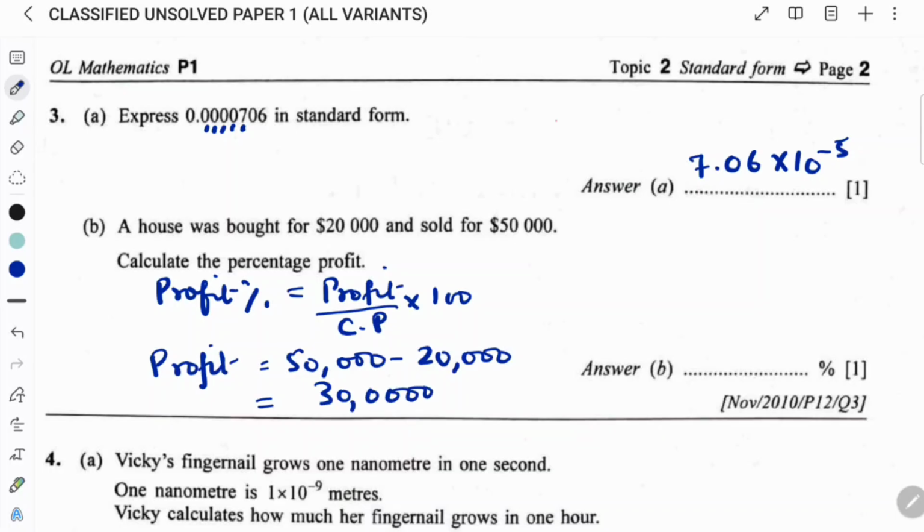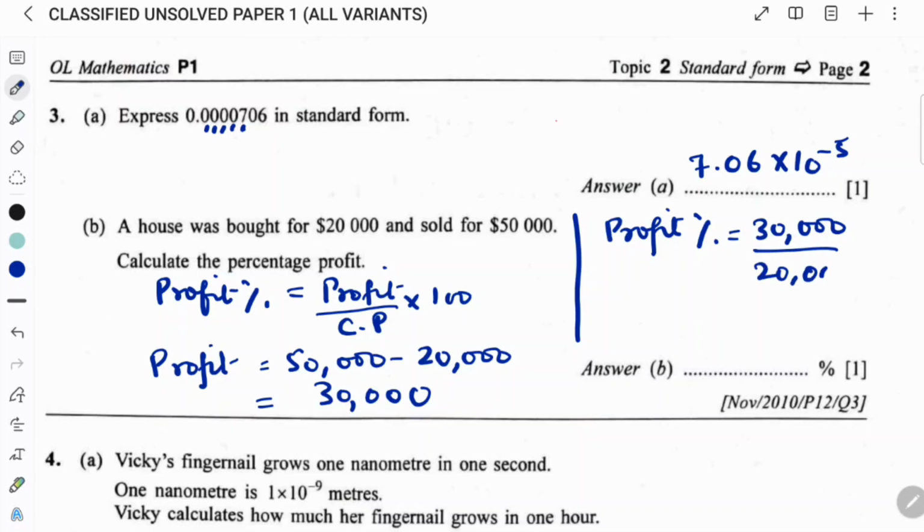Oh, I put one extra 0. 30,000. And now you have profit percentage is equal to profit, 30,000, upon cost price and then multiply by 100. So that is, okay, 3 upon 2 is 1.5 into 100 means 150%. Okay, I hope you understood.